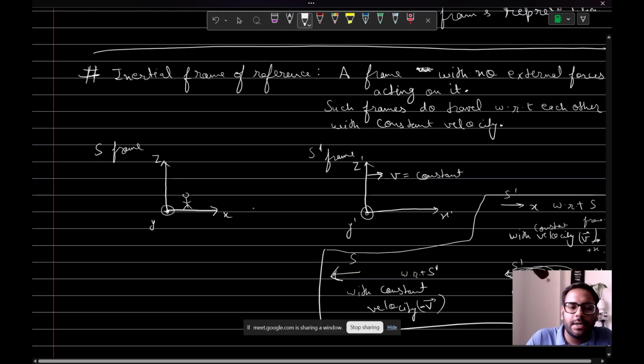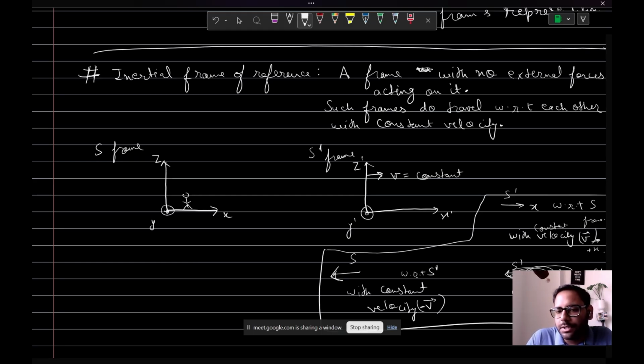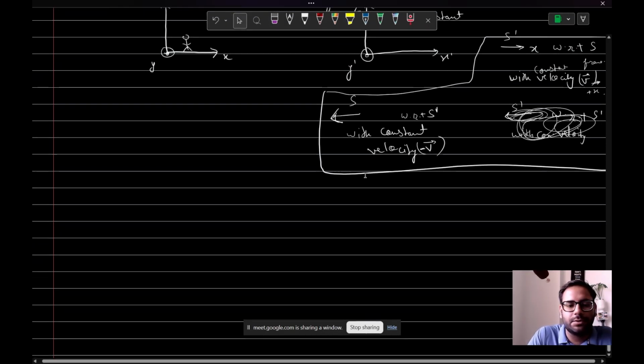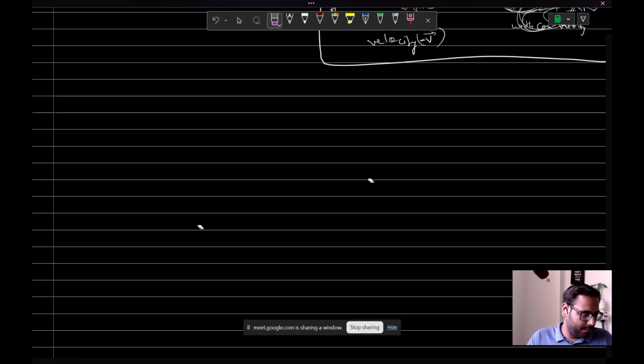If you are standing on the S frame, you will see the S prime frame moving with a positive velocity, in the positive x direction. And if you are standing on the S prime frame, you will see S prime at rest, but the S frame moving with the opposite velocity. This can be observed easily when you travel in vehicles, or say a train.